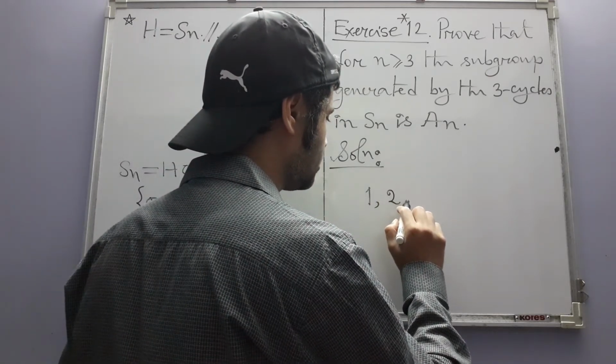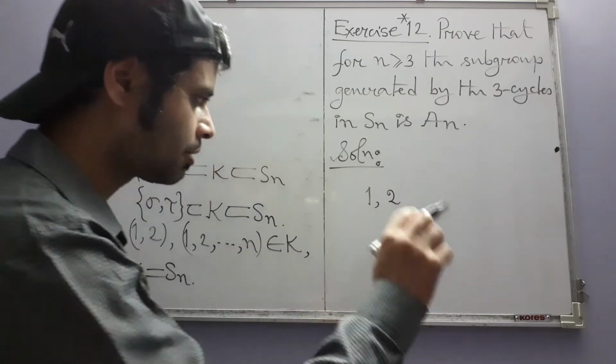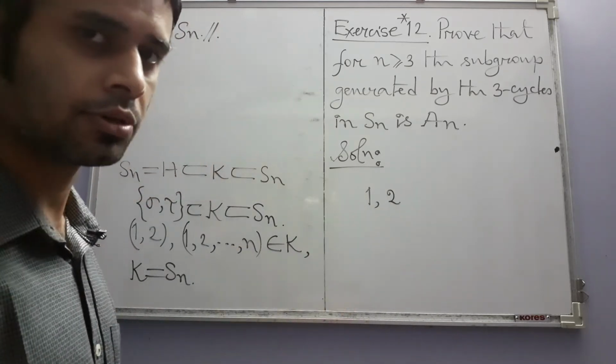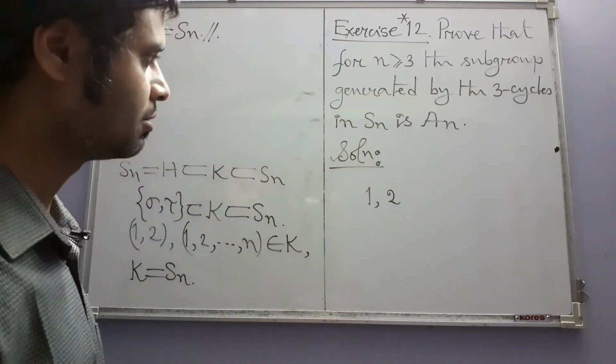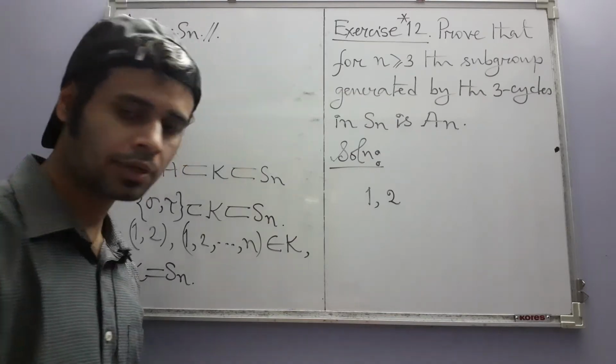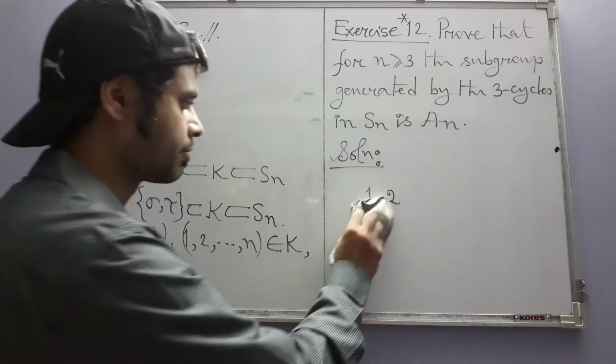If the number of symbols that we are permuting does not reach 3, then there are only 2 symbols, so there is no question of having 3-cycles. So that's why n is at least 3.